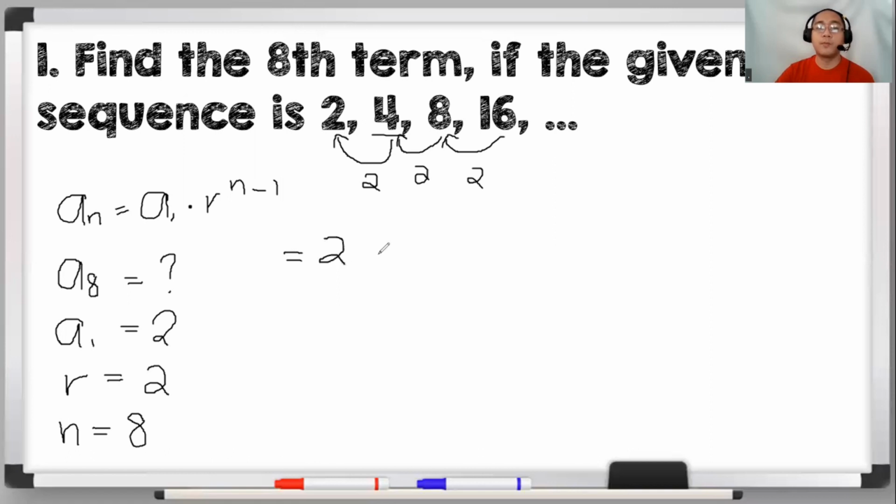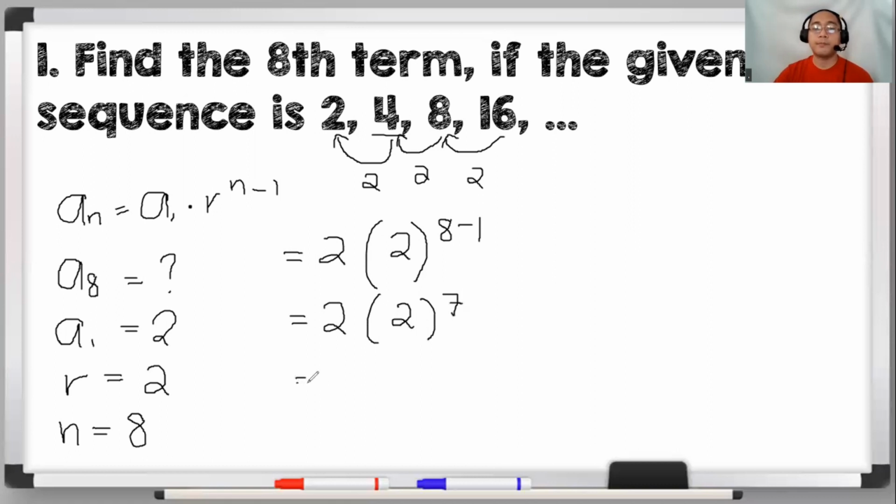So we have 2 times, let's make it in quantity form, 2 raised to the power of n, which is 8, minus 1. Then apply the rule in PEMDAS. Let's start first operating the exponent. The result is 7. Then 2 raised to the power of 7 results to 128.